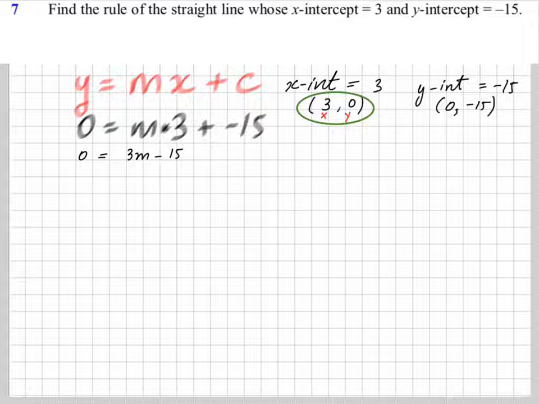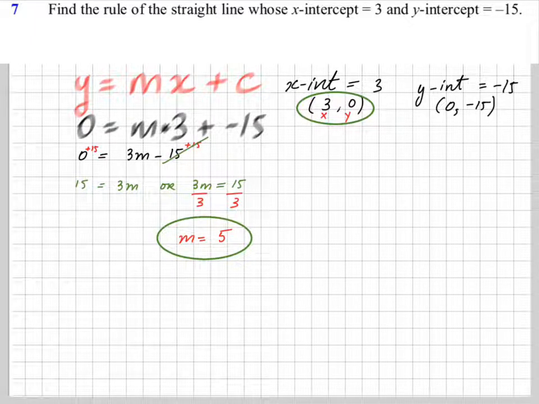Now, to find m, the gradient, and to have it by itself, I'm going to plus 15 on both sides, and therefore we can eliminate that, and we're left with 15 is equal to 3m, or 3m is equal to 15. Now to get m by itself, we divide 3 on both sides, and therefore we're left with m is equal to 5. So I know that this is my gradient.